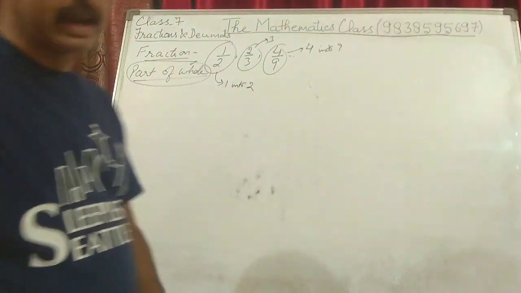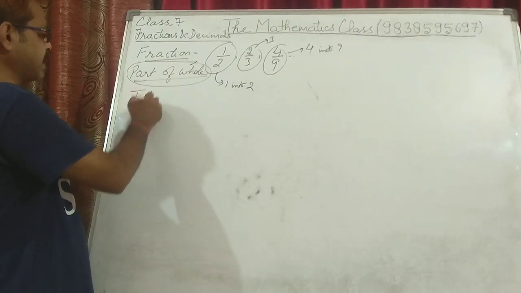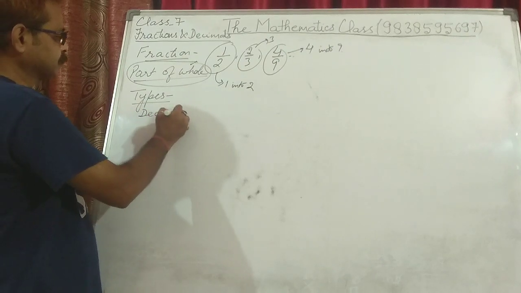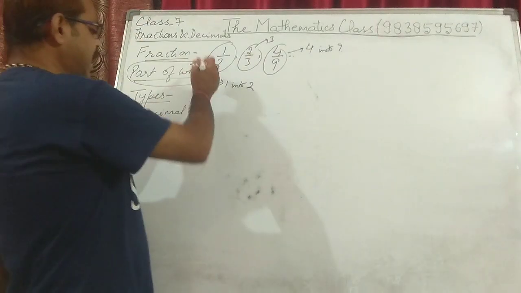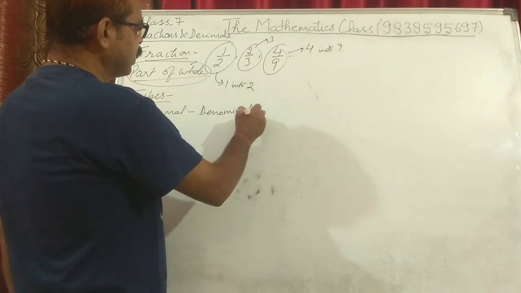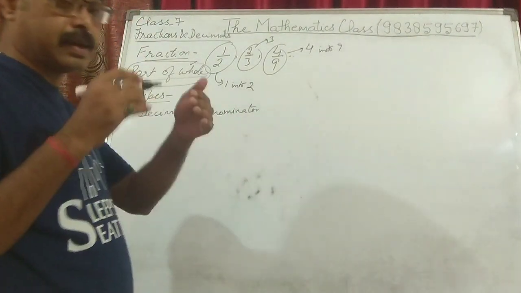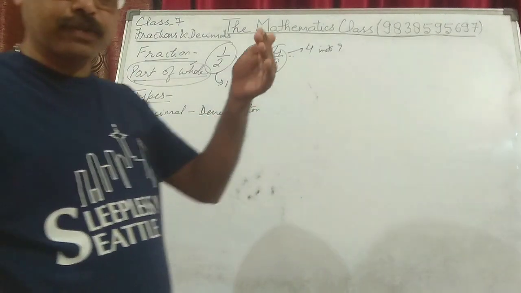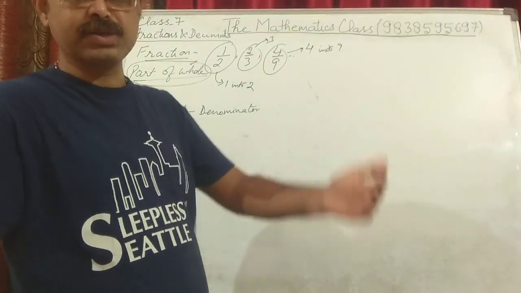Now there are different types of fractions. First, I will discuss the types of fractions. First is decimal fraction. What is the meaning of decimal fraction? Any fraction whose denominator is in the power of 10, or you can say whose denominator is 10, 100, 1000.